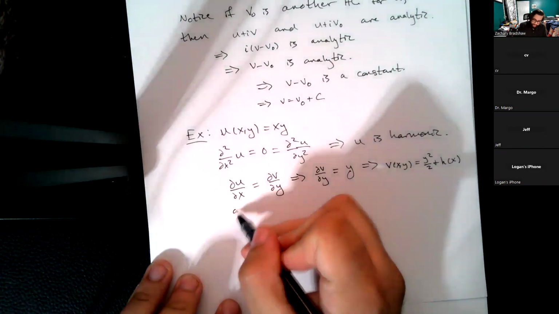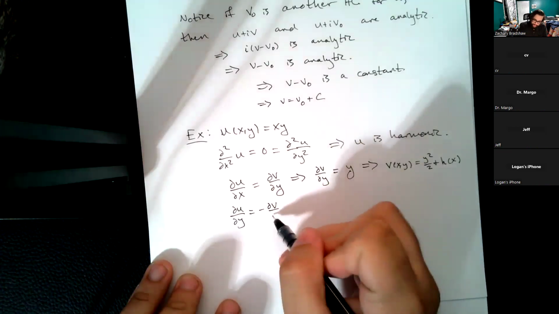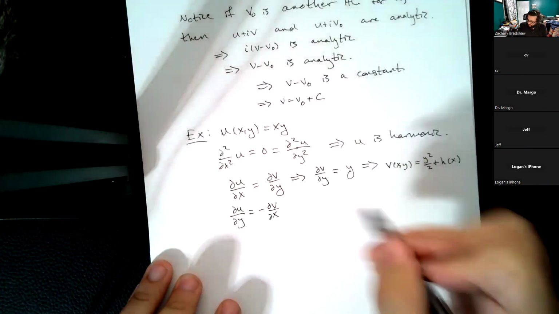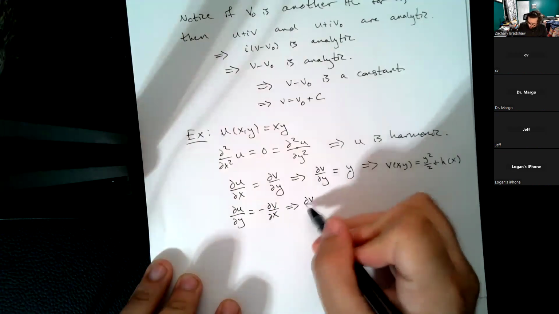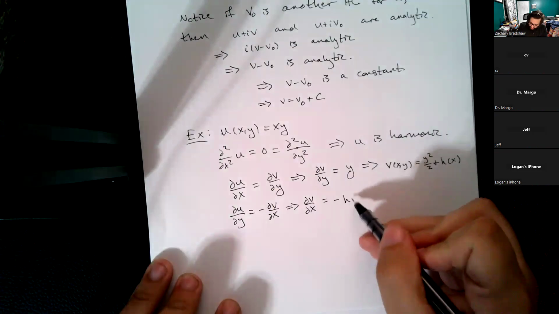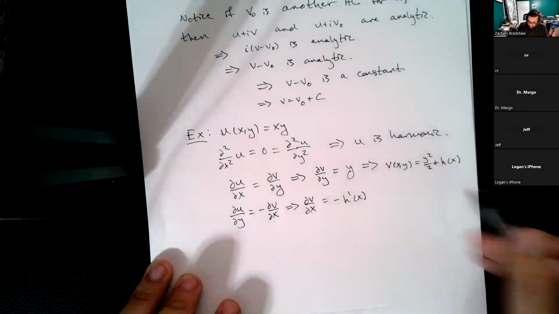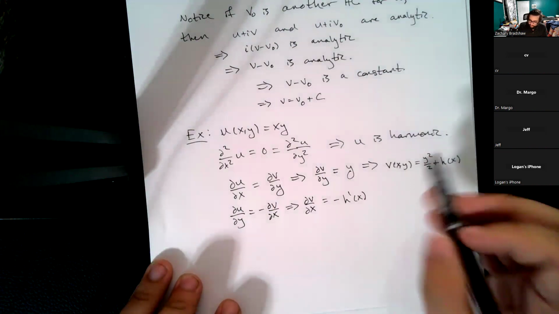Okay, on the other hand, the Cauchy-Riemann equation du/dy equals minus dv/dx implies dv/dx is minus h prime of x. So I'm taking the derivative here.